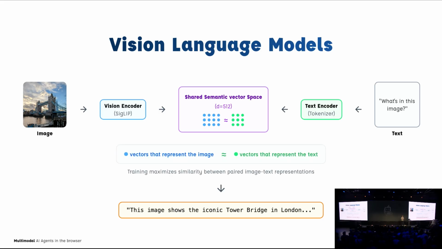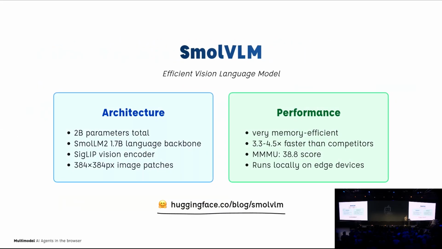That means I now have vectors that represent the image and vectors that represent the text, and I'm now able to train a model that combines those two. Or it's not actually me who does the training, because there are people way smarter than I who do that. We have, for example, one at Hugging Face, the small VLM. It's a super small vision language model that was built to run on device, so it's very small in size.